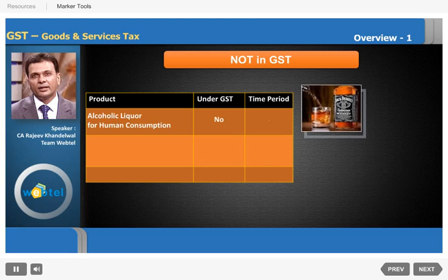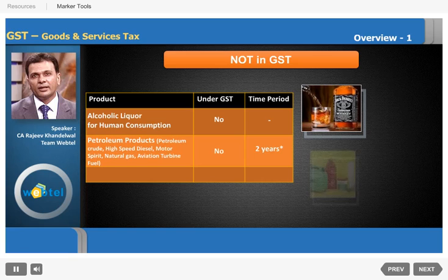That has not been taken into GST. Obviously, a lot of resistance came from the states because this is a very good revenue earner for them. So they did not want this to go out of their control. They want it in their own control. That is why VAT, etc. will continue on these, and alcoholic liquor for human consumption will not come under GST.